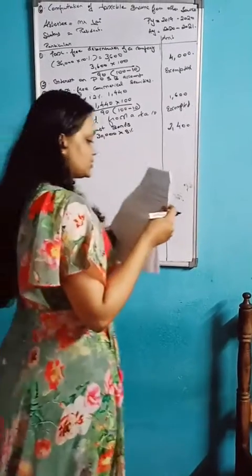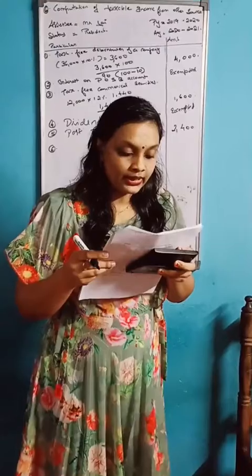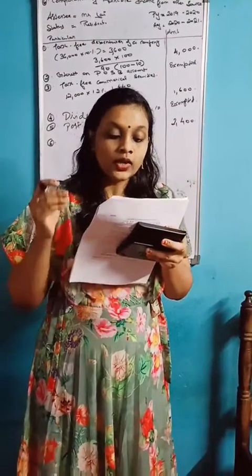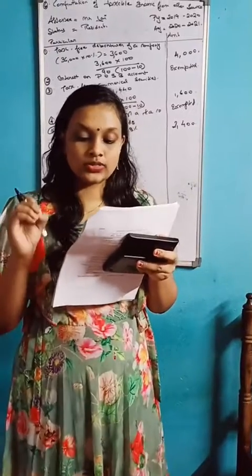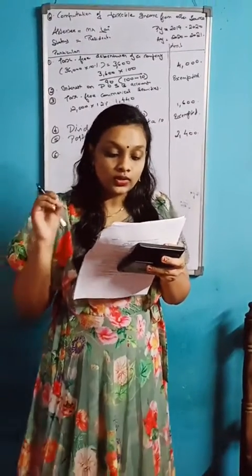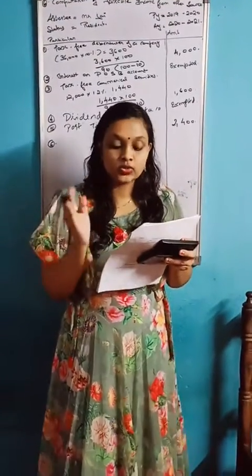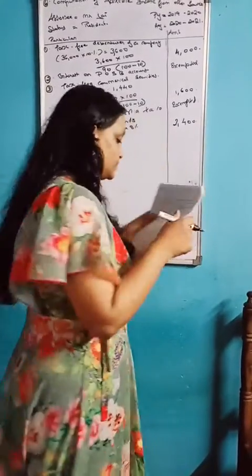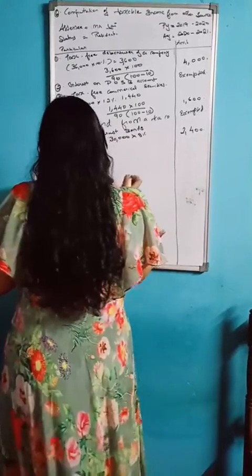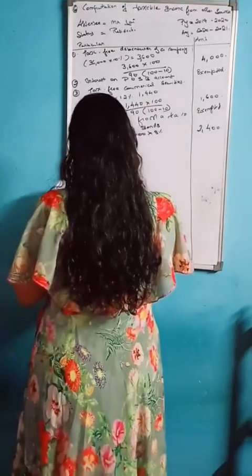Next, sixth point is dividend from a foreign company rupees 4,000. The company deducted tax at source rupees 1,000. So here they have already deducted the source, that is 1,000 is deducted and the remaining is 4,000. It's taxable. Okay.